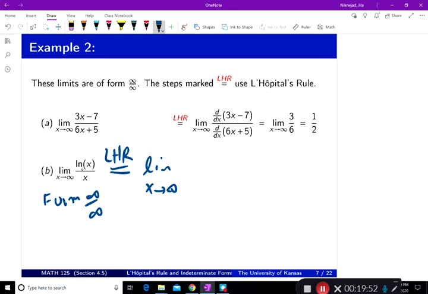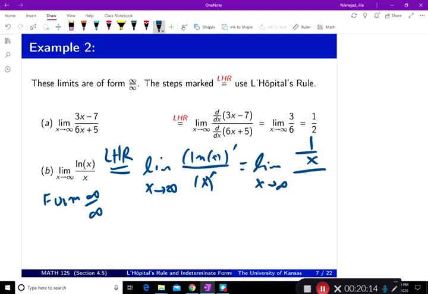If I plug in infinity, natural log of infinity, and the bottom is infinity. So now the derivative of natural log on top, and the derivative of x on the bottom, what I get is the derivative of natural log, 1 over x, and the bottom is 1. And so the limit of 1 over x as x goes to infinity is 0.